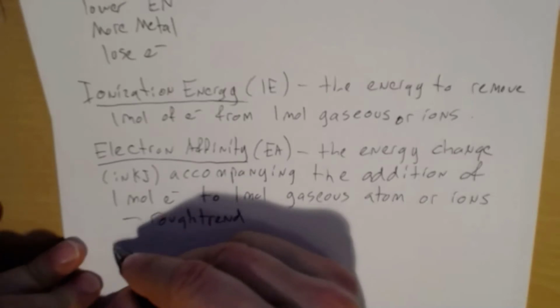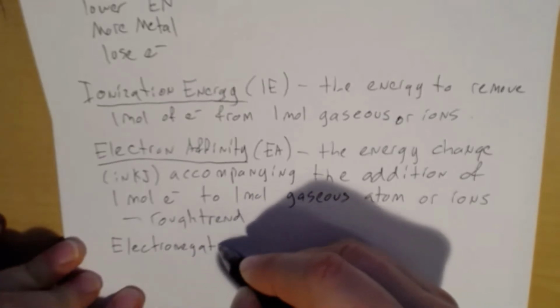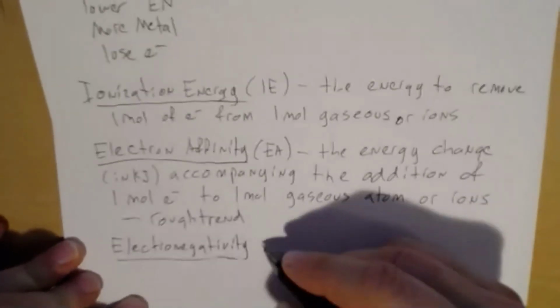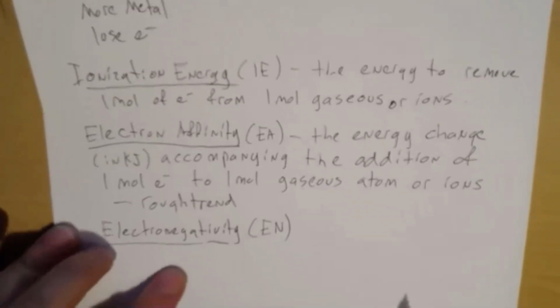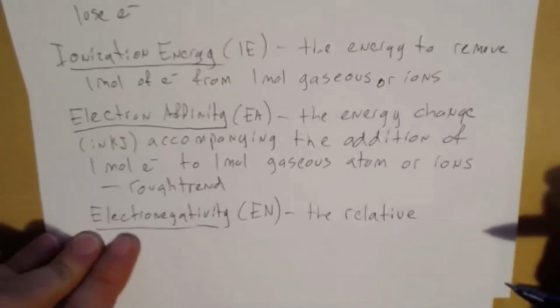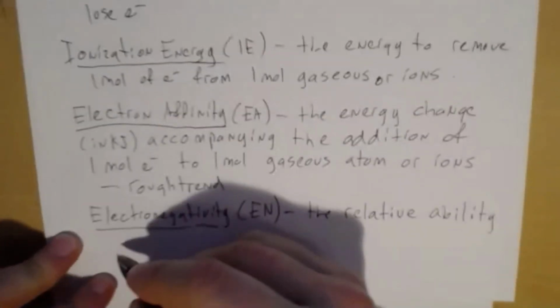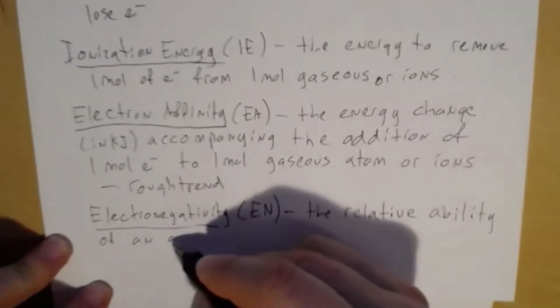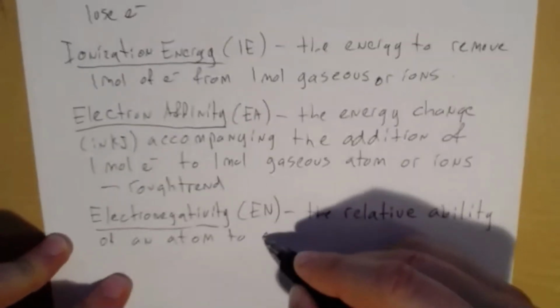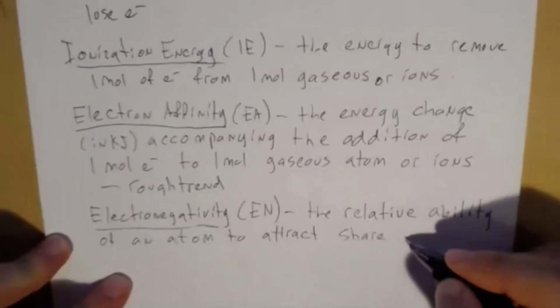And even though this one's in the next chapter, I want to define it. The electronegativity, EN, is the relative ability of an atom to attract shared electrons.